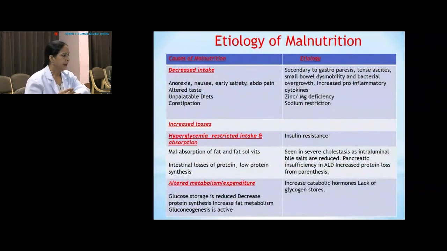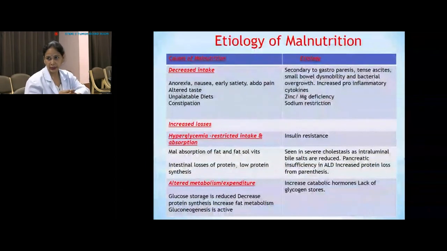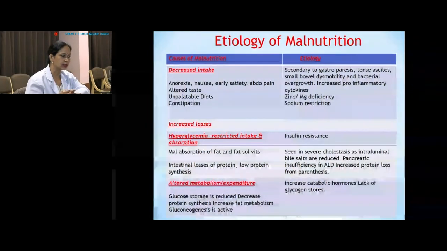Malabsorption of fat and fat soluble vitamins is very common and prevalent. There are intestinal losses of protein, low protein synthesis, altered metabolism and increased energy expenditure because of the cirrhosis. In the cirrhotic stage, the body goes into a hypercatabolic state, glycogen storage is reduced, and the body demands more energy for the catabolic responses to infections and ascites.